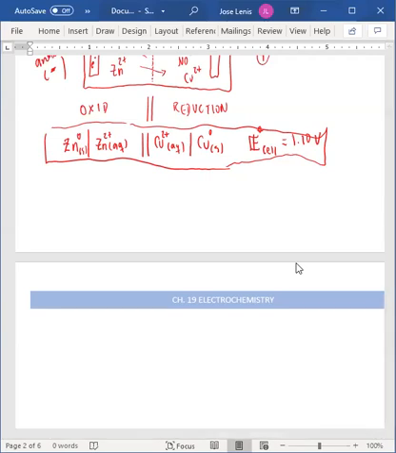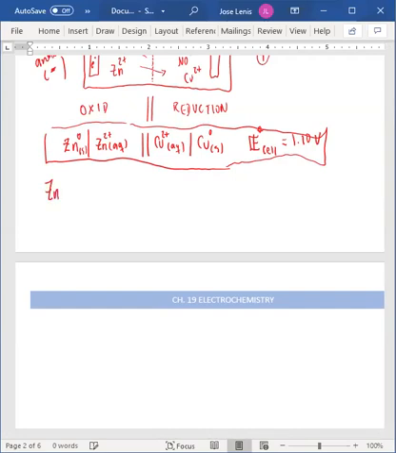Let's suppose you have a solution that is not standard. What is the standard concentration for these cells? It is 1 molar. What about if you have a concentration that is not standard? Let's say you have a 0.001 molar solution of zinc 2 plus. So you write that cell this way.